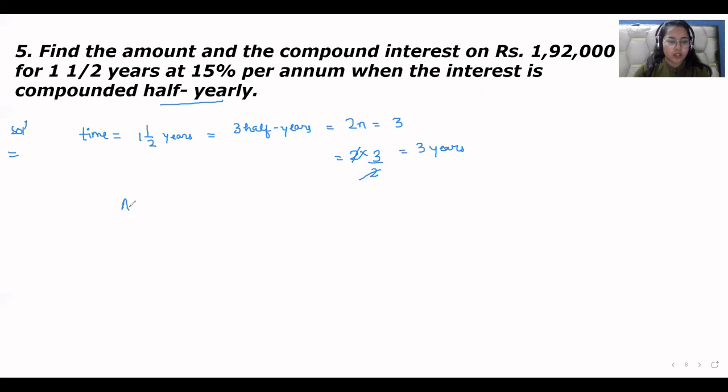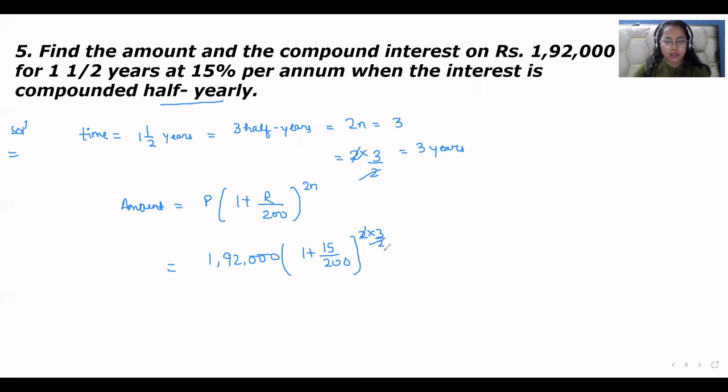So our amount is principal times 1 plus rate over 200, to the power 2n. So the principal is 1,92,000, and 1 plus our rate is 15 over 200, and the power is 2 times 3, which is 6. And 2 times n, we solved it already, so it becomes 2 times 3 by 2.